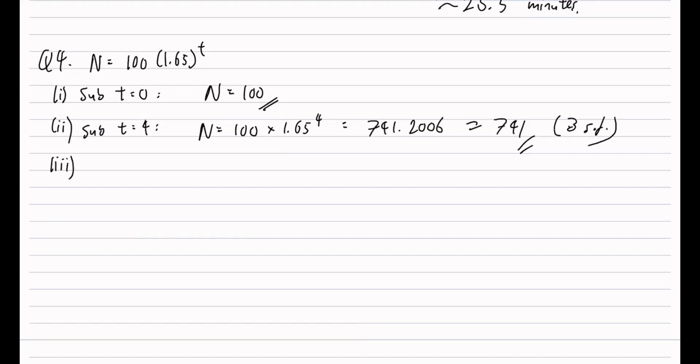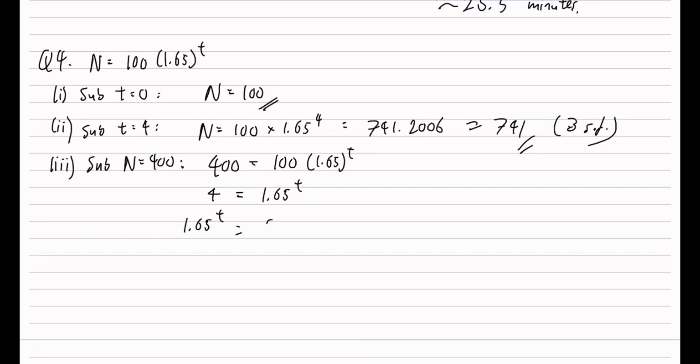How about part 3? Now you sub in N equals 400. So how do you solve this? You get 400 equals 100 times 1.65 power t. Divide by 100, you get 4 equals 1.65 power t. Instead of log base 1.65, how about we write ln on both sides?